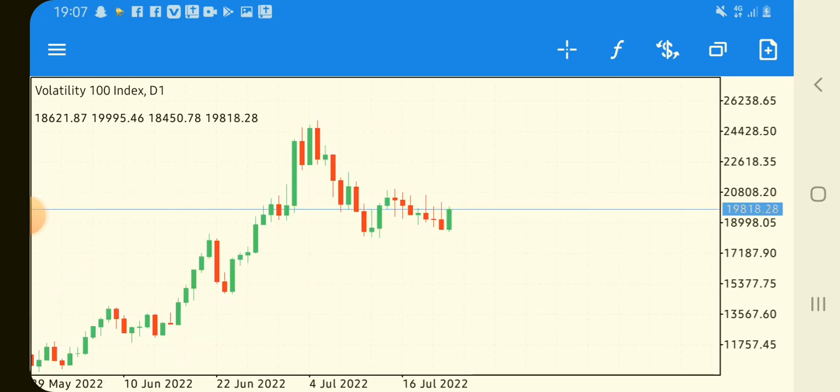As you can see, in the daily time frame we've got a green candle. That means throughout the last 24 hours, there was a formation of an uptrend, meaning that as we do our top-down analysis, we can see that the market was trending upwards.